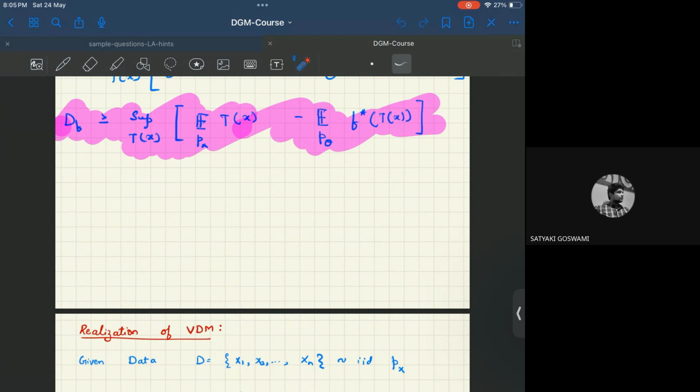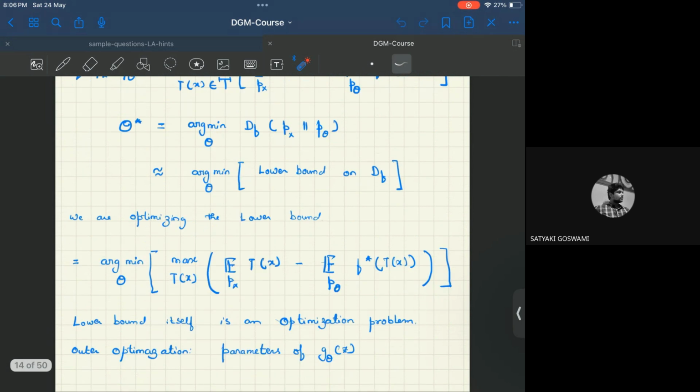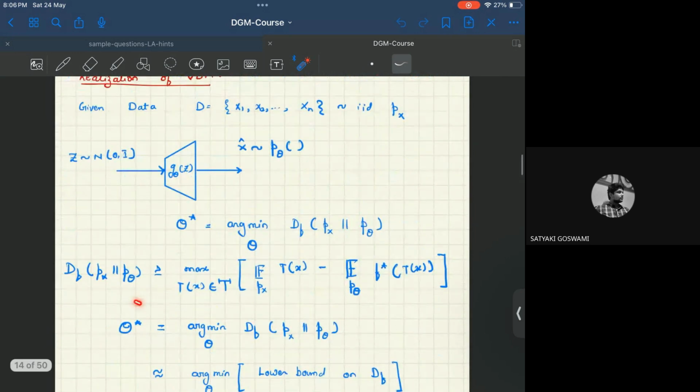Don't worry. Okay. Sir, another thing I wanted to ask: while starting the second week, in the topic realization of VDM, when we are replacing the lower bound of the divergence with the equation that we got last week, I saw that the Supremum is being replaced by Max.